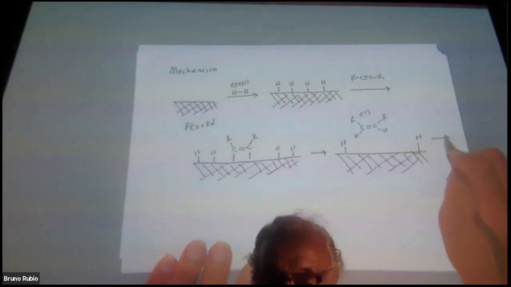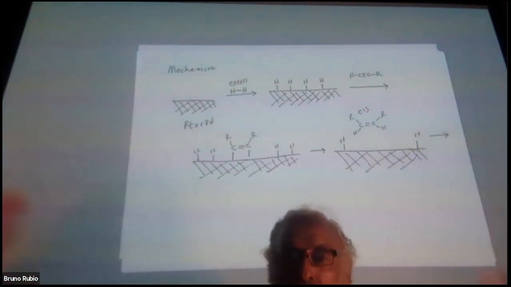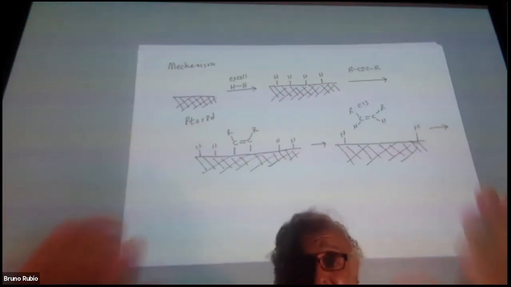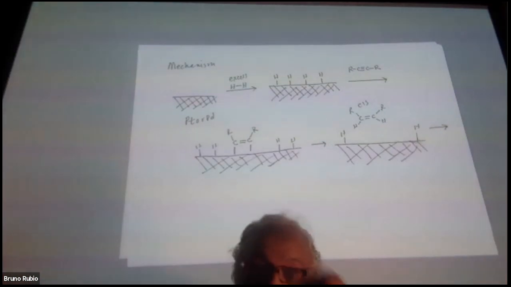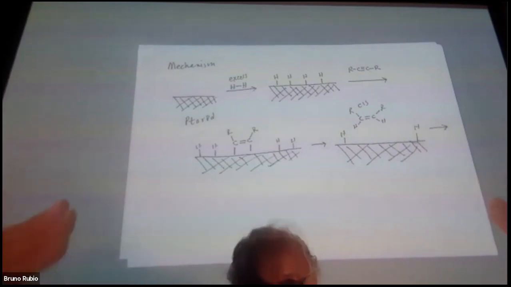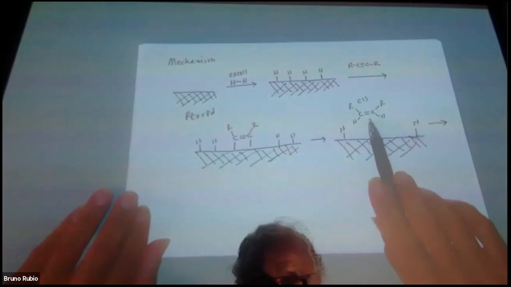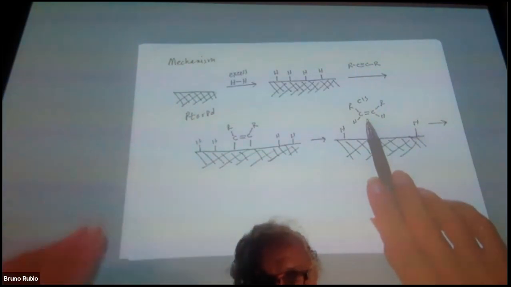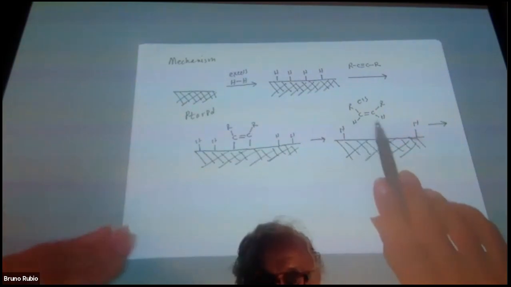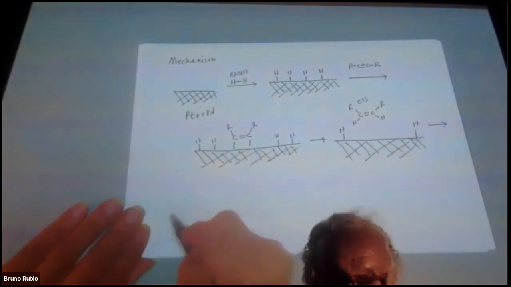Now that double bond, this guy, adsorbs on the catalyst surface yet again in a dissociative adsorption event, which is just like the other two that we've considered up to now. This double bond is going to be taken down to a single bond, and these carbons end up bonded to the catalyst surface.